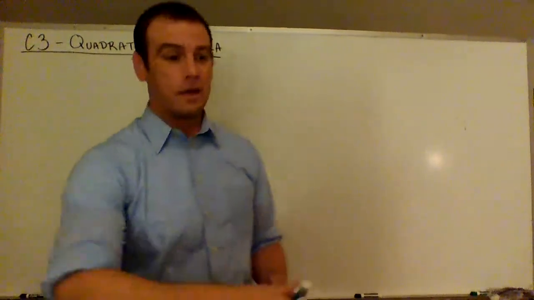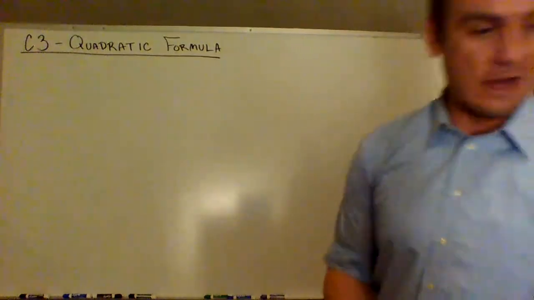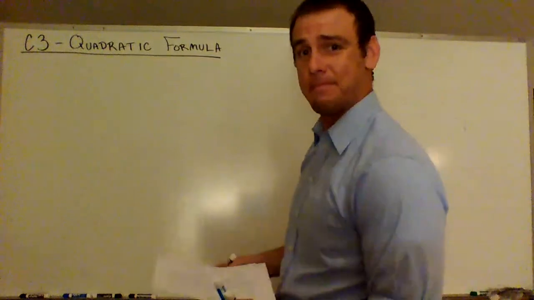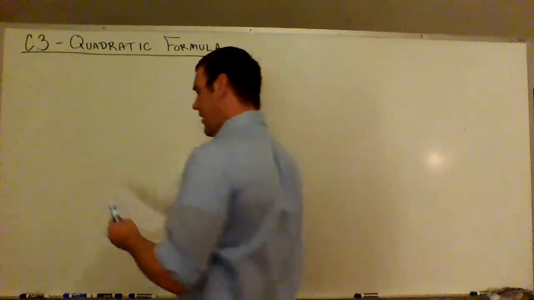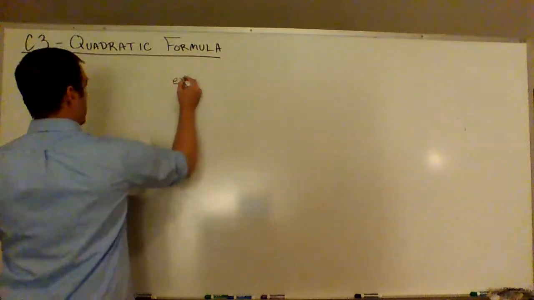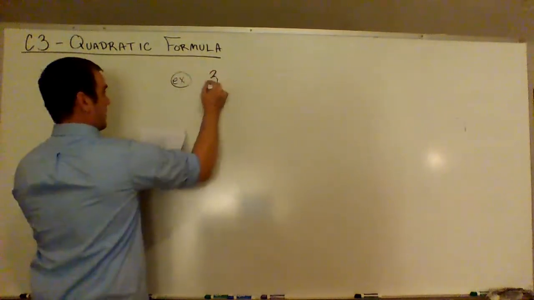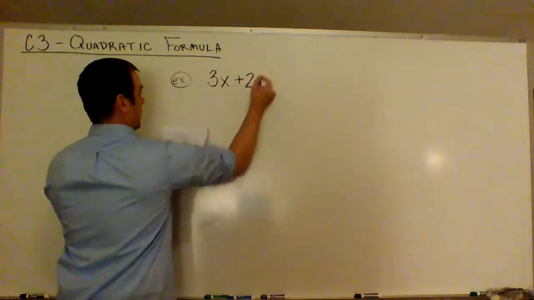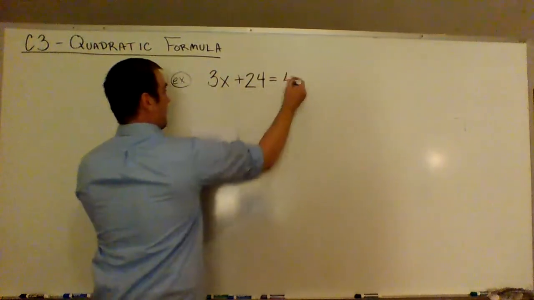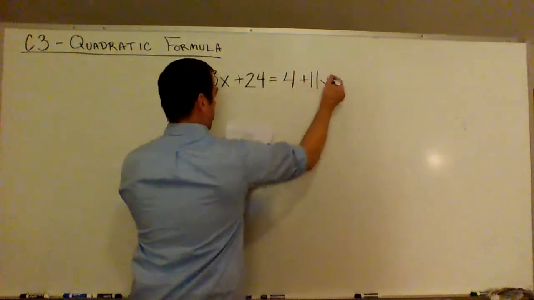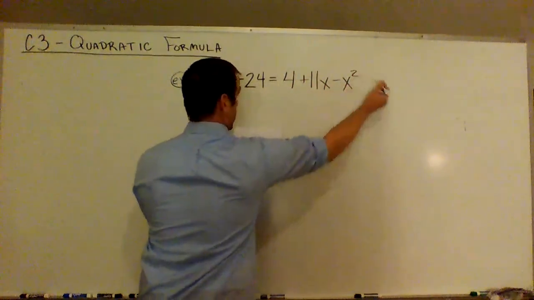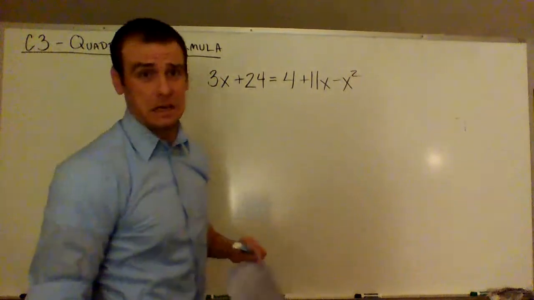All right, we're back. Let's check out E then, shall we? Whoa. Hope you guys are ready for some craziness. 3x plus 24 equals 4 plus 11x minus x squared. Yuck.